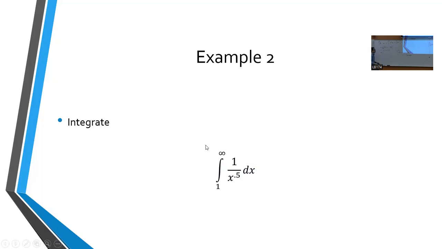All right, the next one, we are also going to integrate from 1 to infinity, but we're going to integrate 1 over x to the 1/2 power, x to the 0.5 power.